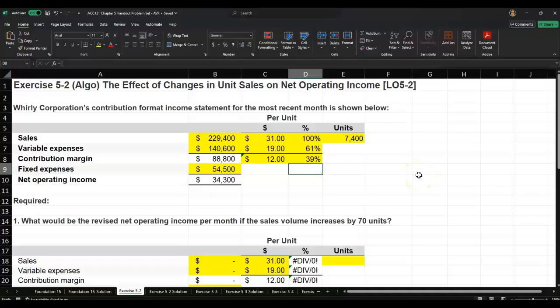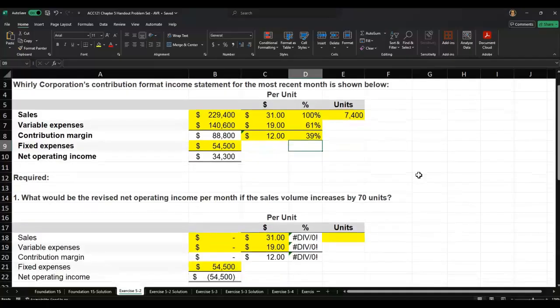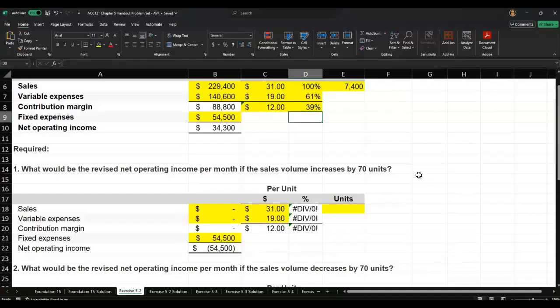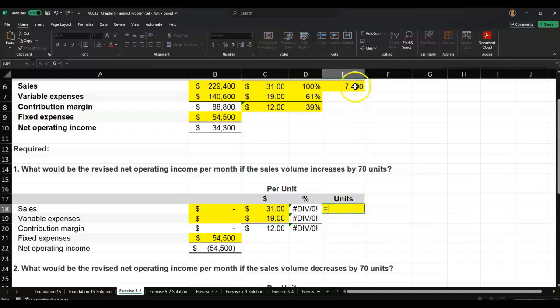And again, it's not a bad thing to just stop and think: are those percentages adding back up to 100%? All right, so let's look. What would be the revised net operating income per month if the sales volume increases by 70 units? Well, if we simply take the original 7,400 units and add another 70 units.